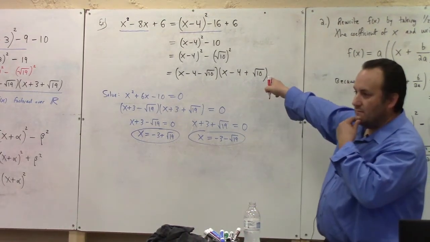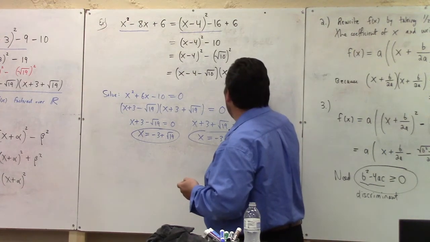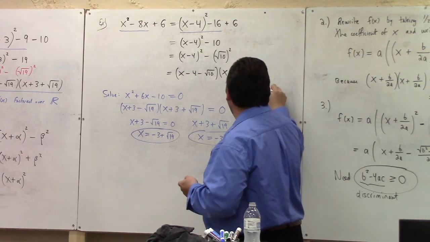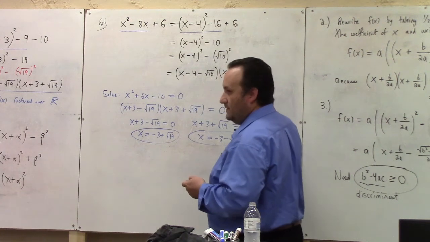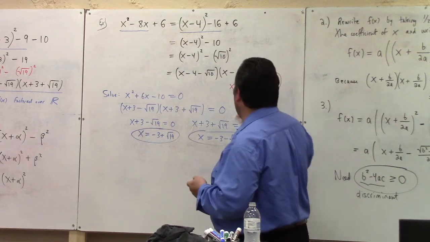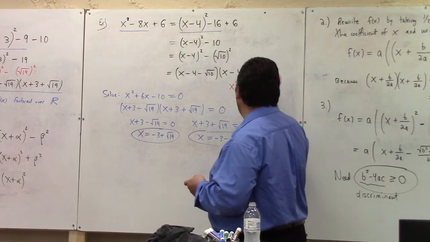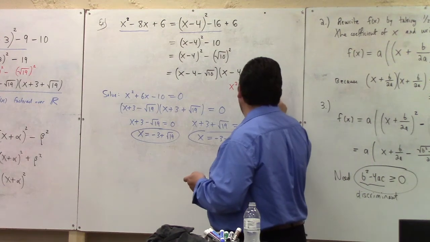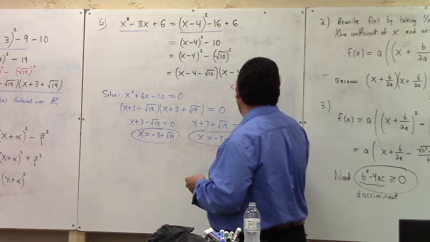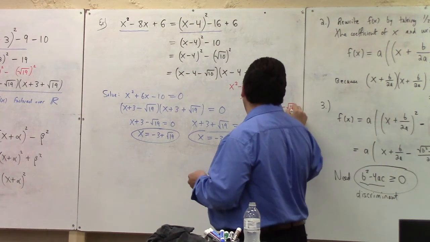This one, if I was to look at x squared minus 8x plus 6 equal to 0, I could look at that right there, and I could tell you x is equal to 4 plus or minus the square root of 10. In other words, 4 plus root 10 or 4 minus root 10.